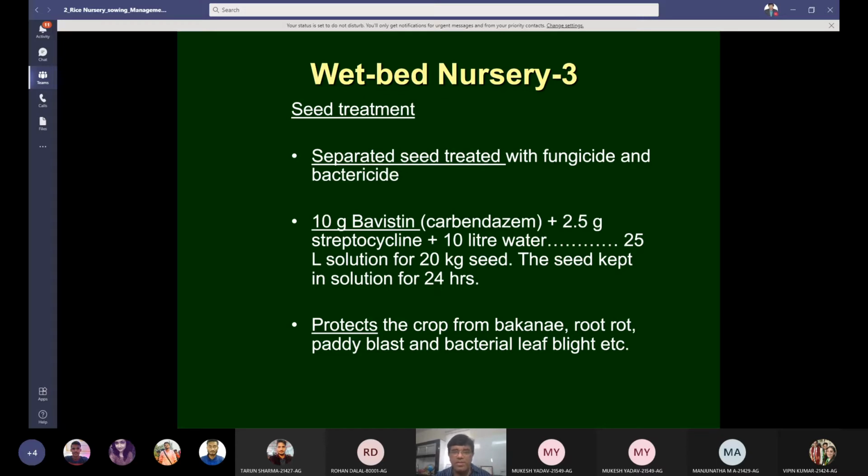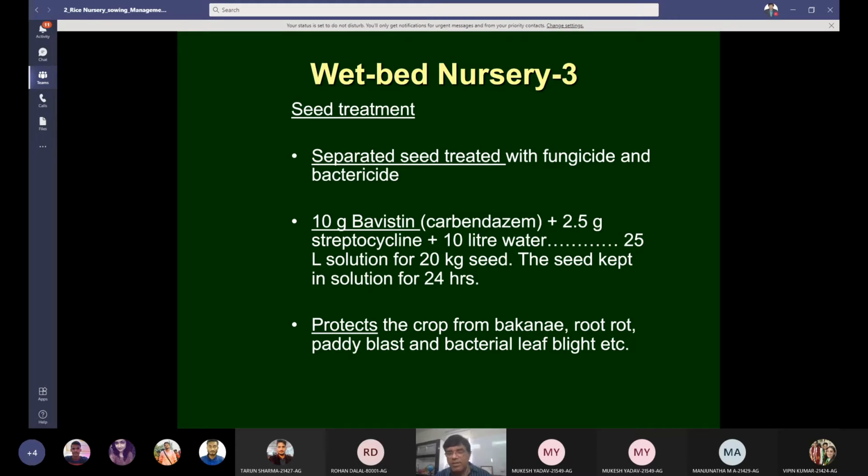In this case, it is almost compulsory to give the fungicide treatment to the rice seed. So 10 gram Bavistin, which is also known as carbendazim, can be taken, and 2.5 gram streptocycline antibiotic can be taken. It is a bactericide, and it can be put in 10 liters of water.